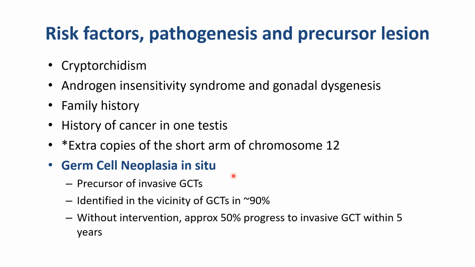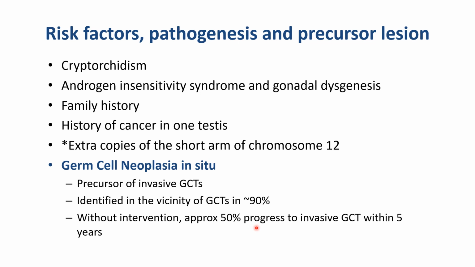In terms of the precursor lesion, I would like to mention here germ cell neoplasia in situ. This is the precursor, and it is identified in the vicinity of germ cell tumors in about 90% of cases. It is often seen in conditions that are associated with increased risk of cancer. So for example, if someone has cryptorchidism or undescended testes, if the testis is removed a little bit later, then you may be able to see the presence of germ cell neoplasia in situ there as well.